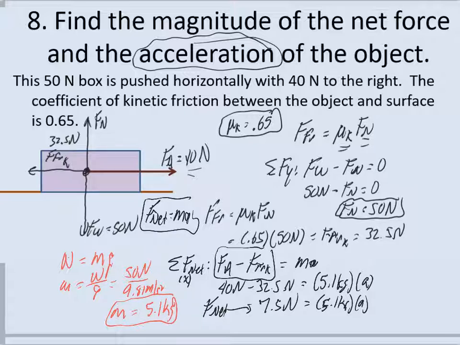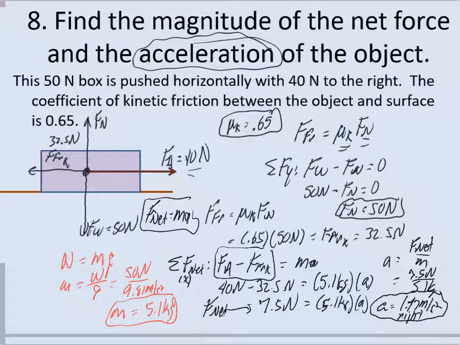We're trying to find a, so a would be the net force divided by the mass. The net force is 7.5 newtons. The mass is 5.1 kilograms. And the acceleration is 1.47 meters per second squared to the right. So there's your acceleration value. Here's your net force. Here's your acceleration.